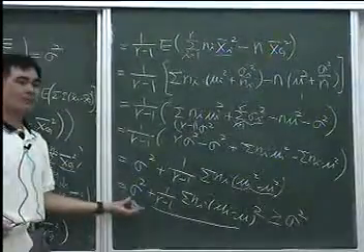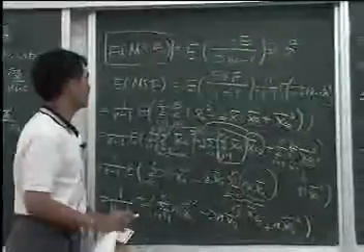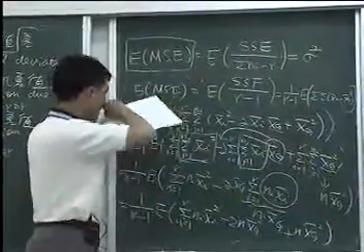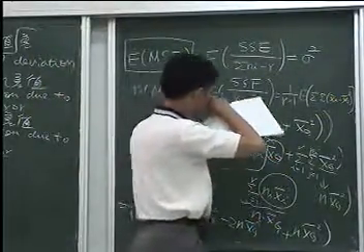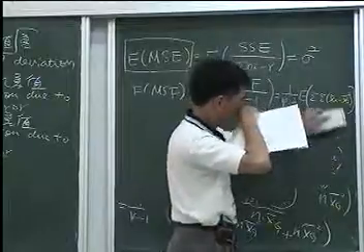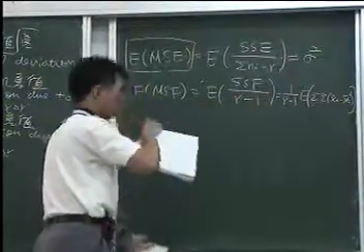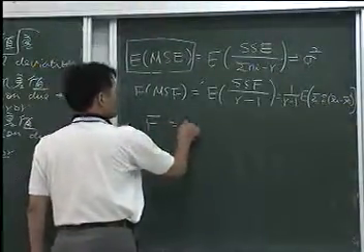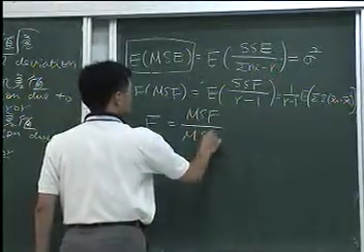So what does that mean? That means we have the F distribution, F equal to MSF over MSE.